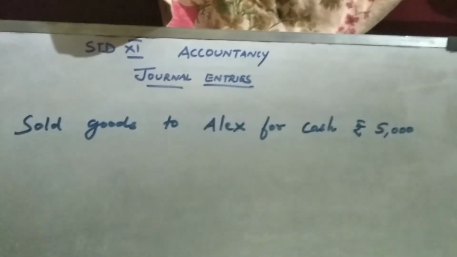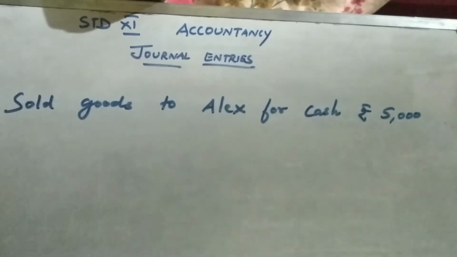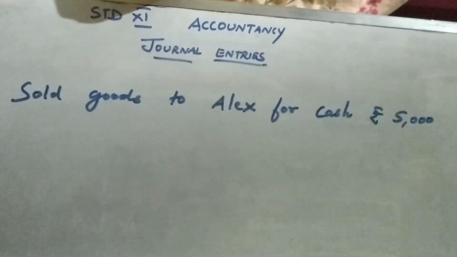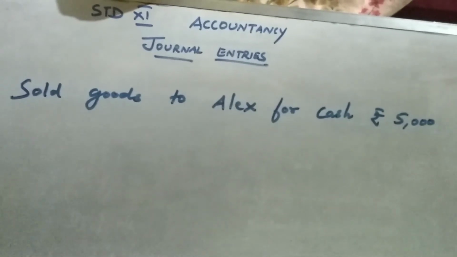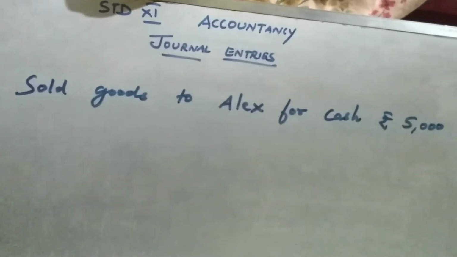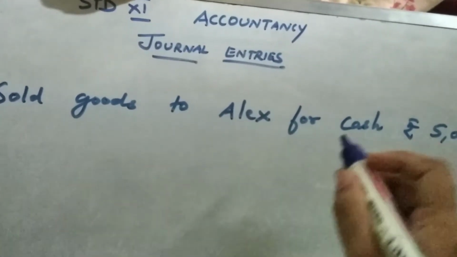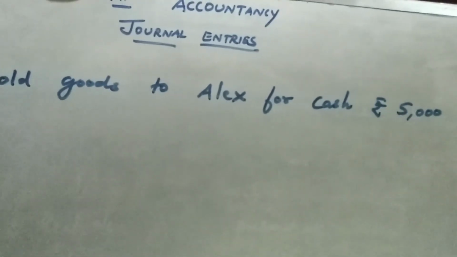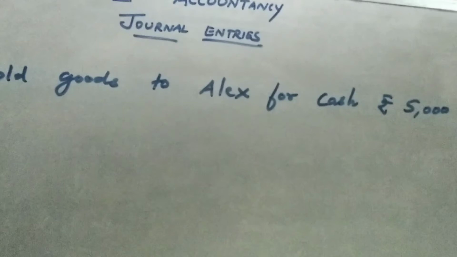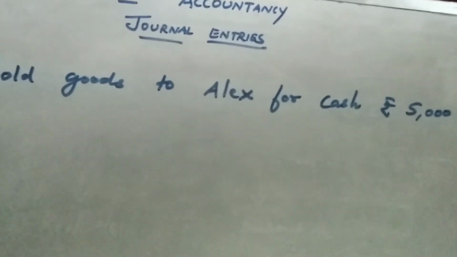The next transaction: sold goods to Alex for cash, rupees 5,000. Now you have three things there: sales, Alex, cash. You have to be very careful. The word cash has been given. So when a cash sale is being made, we need not think about the customer's name. When will we record our customer's name?